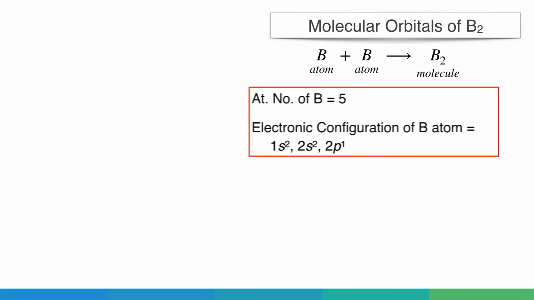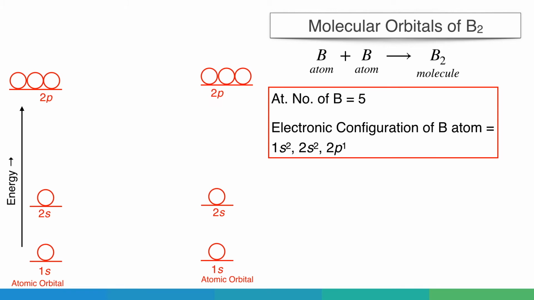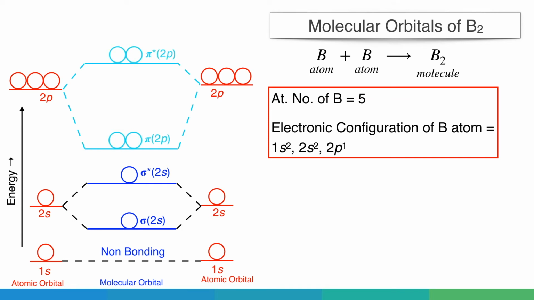So if you draw the molecular orbital diagram of the boron molecule, first the 1s orbital will not overlap, being an inner shell orbital, creating a non-bonding situation. Now, as there is mixing of 2s and 2p orbitals, one sigma bond is formed by axial overlap of one lobe of the sp2 hybridized orbital, which is represented as sigma 2s and sigma star 2s orbitals. Then there will be 2 pi orbitals by lateral overlap of two lobes, making pi 2p and pi star 2p orbitals.